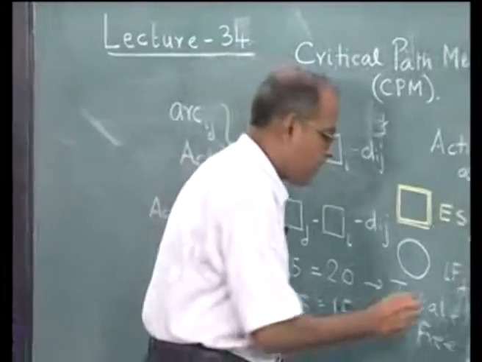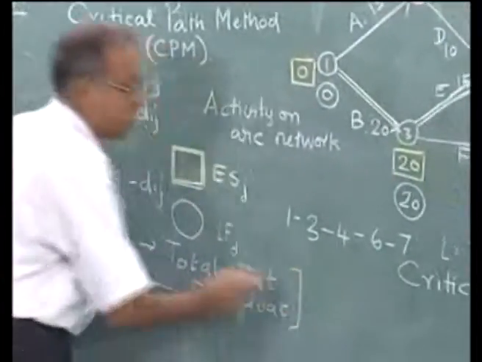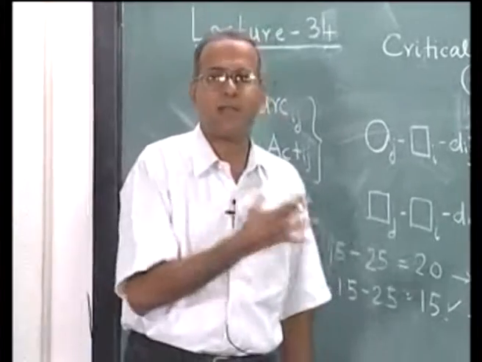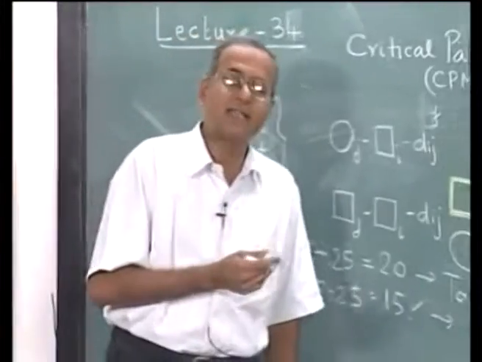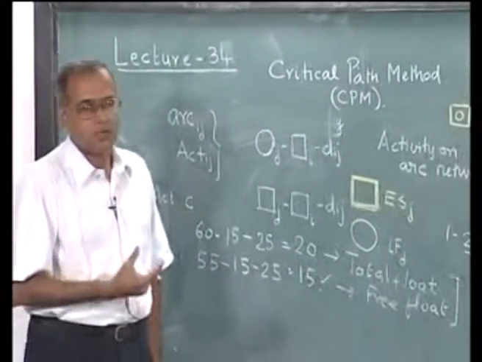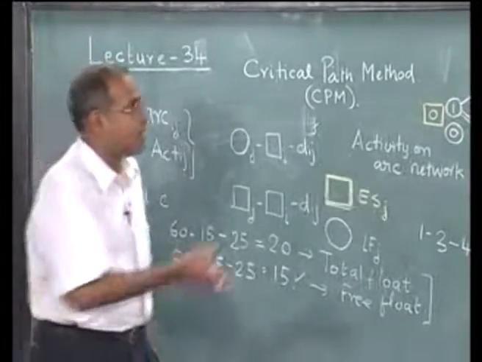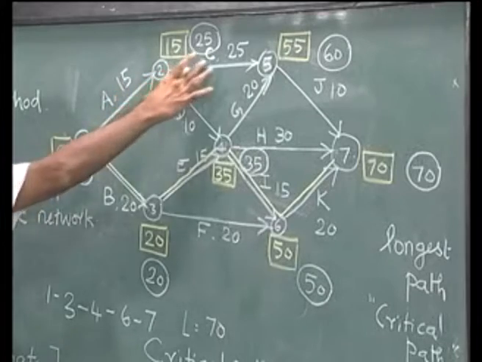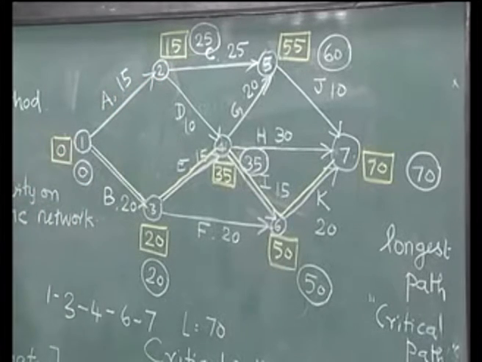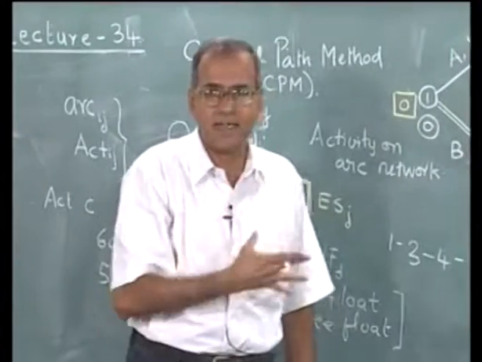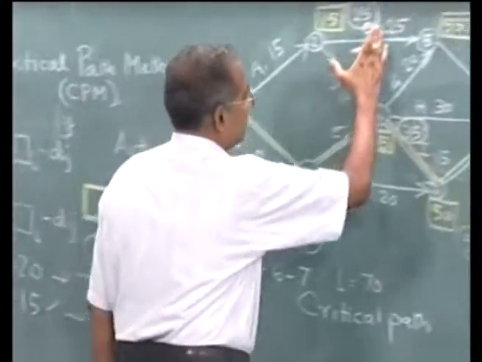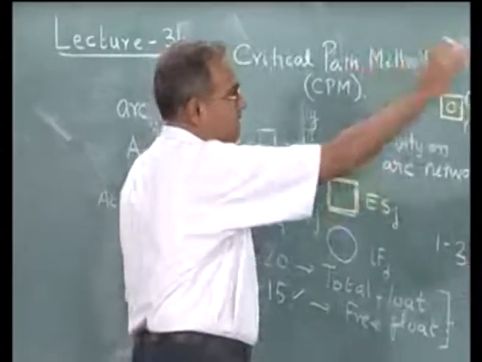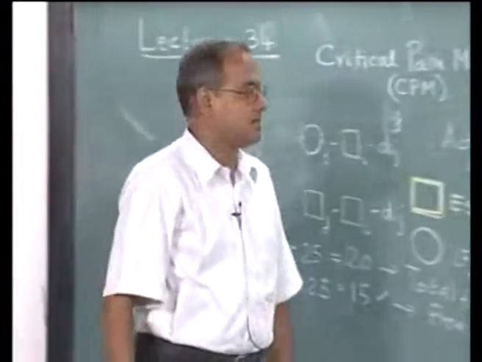Nevertheless, without going very deep into the meaning of these two, we can understand that both these floats in a certain manner represent the extra time that is available, which has to be used, and any poor scheduling by which this exceeds the floats that are available for that activity, then this activity will become critical. So, this is how the longest path on the network is computed.